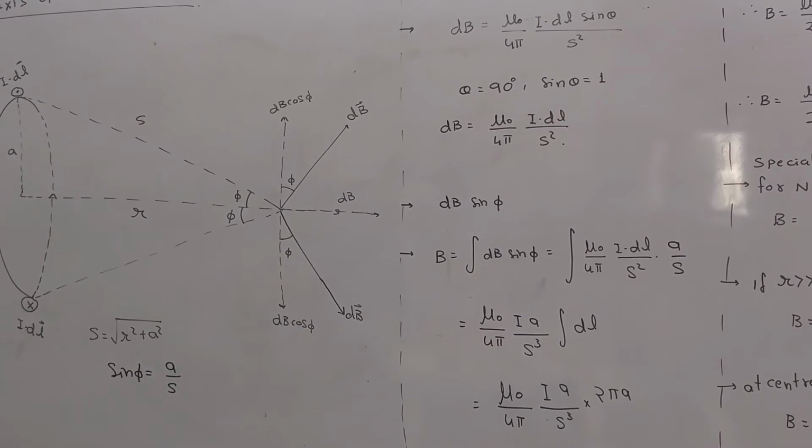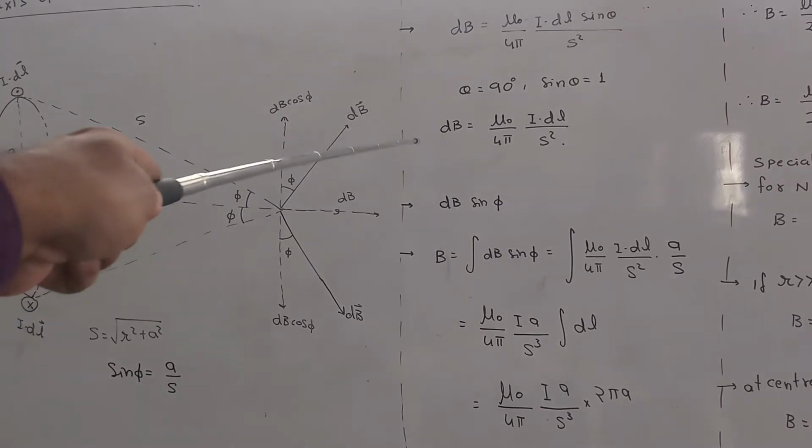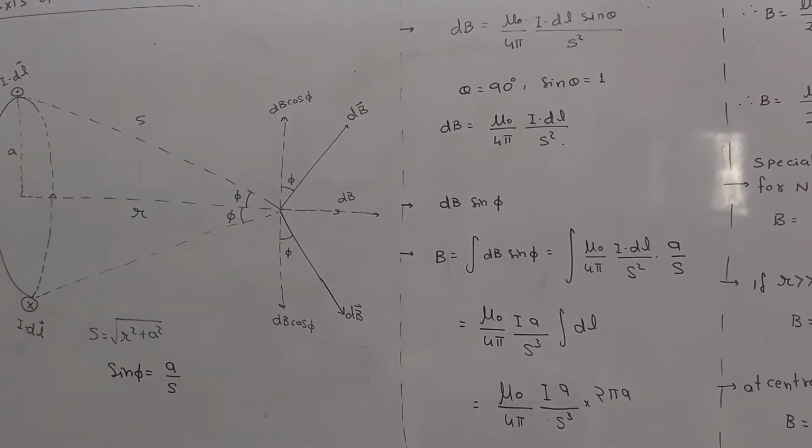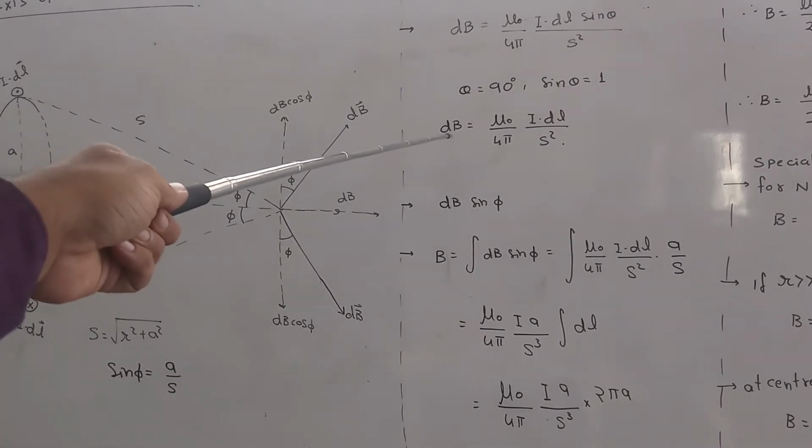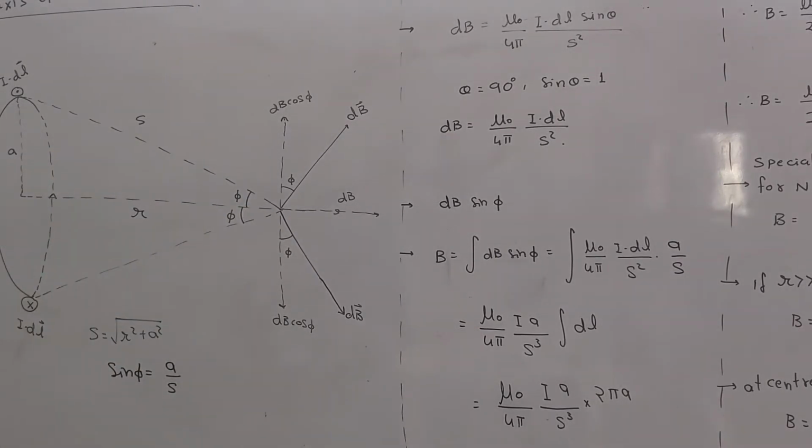Now the complex thing comes. What should be the direction of this magnetic field? See, first I can find the direction of magnetic field by two rules. One is Ampere's rule and one is Biot-Savart's law in vector form. Let me write Biot-Savart's law in vector form.